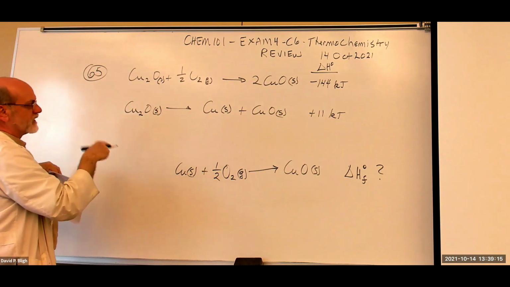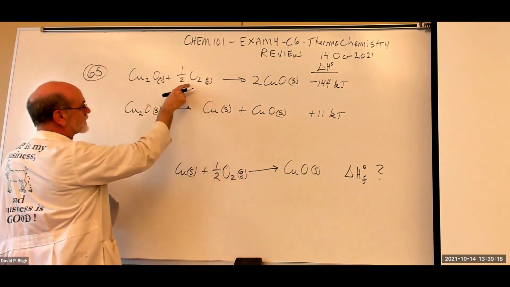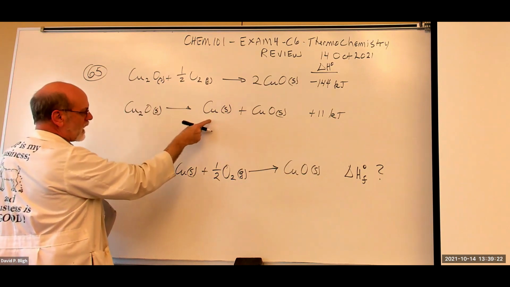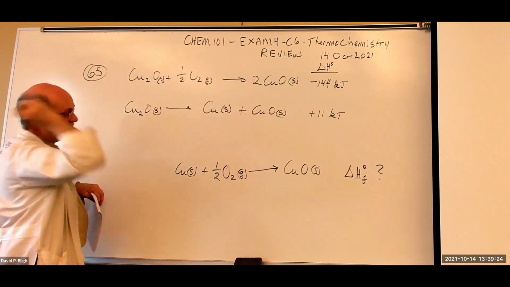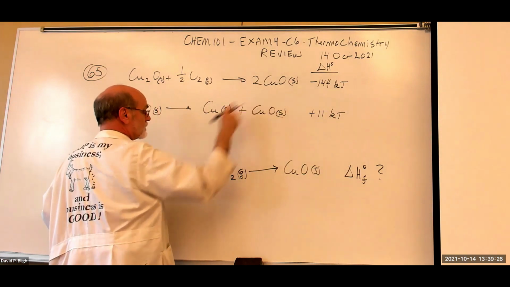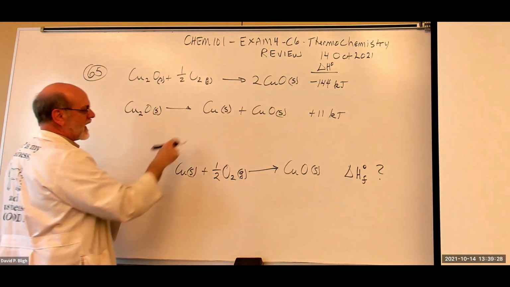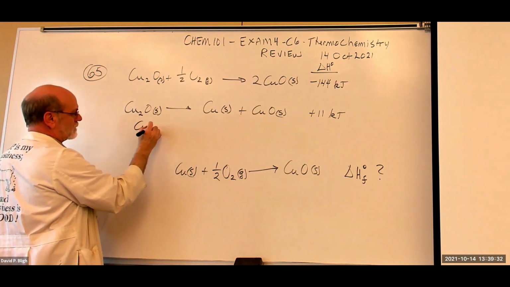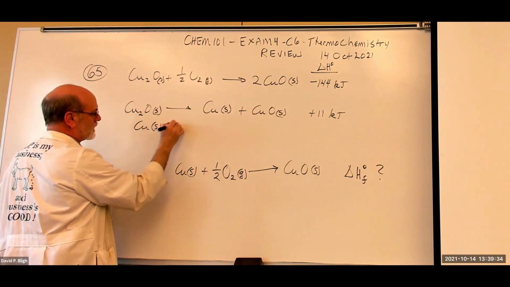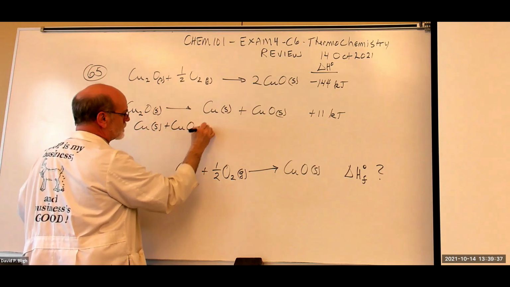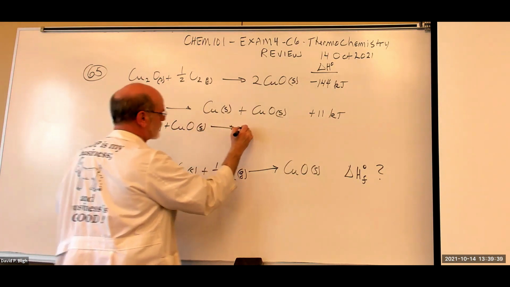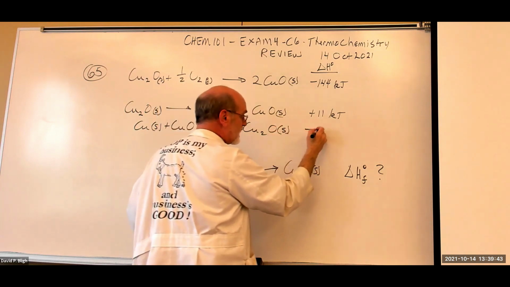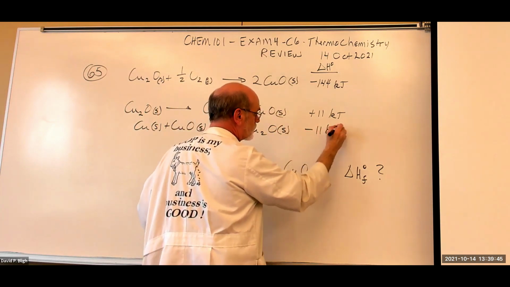All right, so let's look at the other ones. 1/2 O2, that's good. 1/2 O2. But we need copper on this side. Right. So let's leave this one where it is. And let's put the copper on that side. Plus CuO yields Cu2O. And this now becomes negative 11 kilojoules.